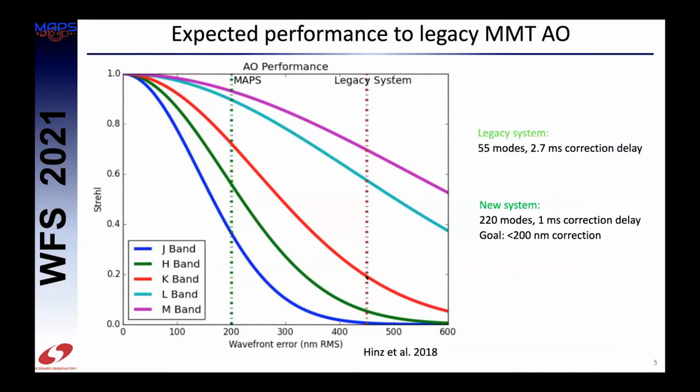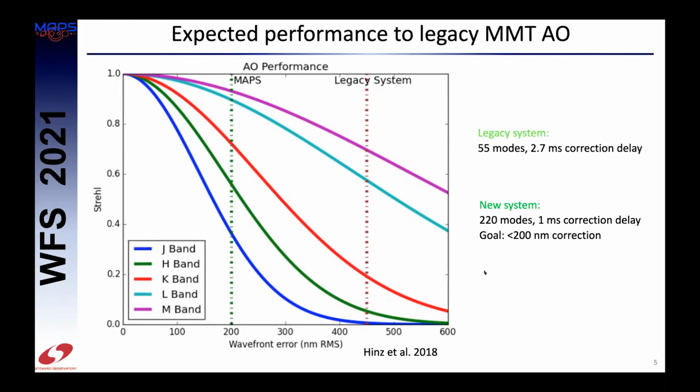The legacy system in K-band was able to deliver around 25% Strehl ratio. With the new system, we expect around 75% by making better correction in terms of time, and also more modes of correction.